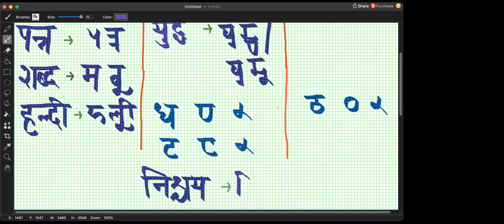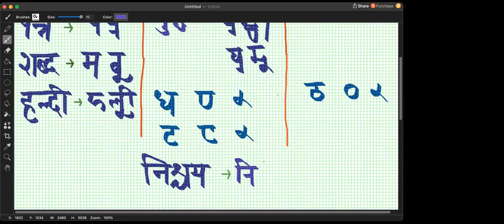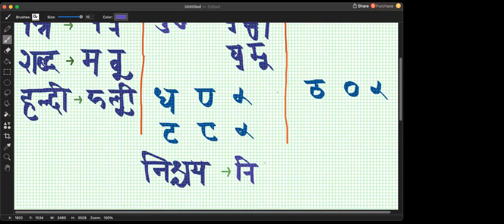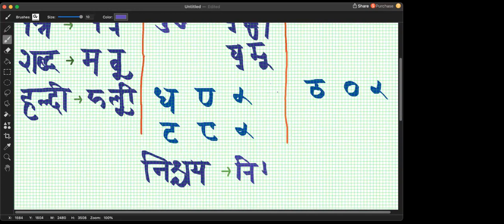Okay, this will remain as it is. And in shchaya, the first sound that you hear is sh, nishchaya. So sh will be written here. And right below the sh, we'll write cho. This is a full alphabet. Nishchaya.